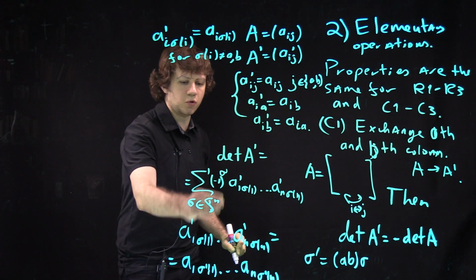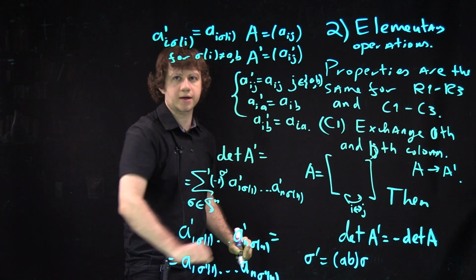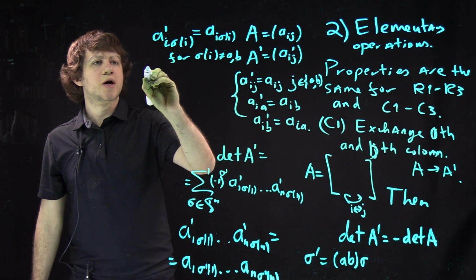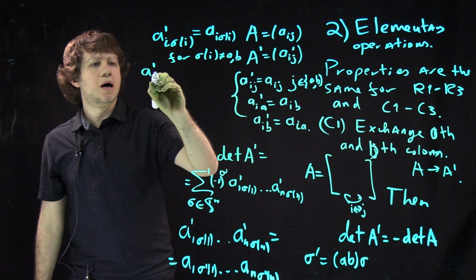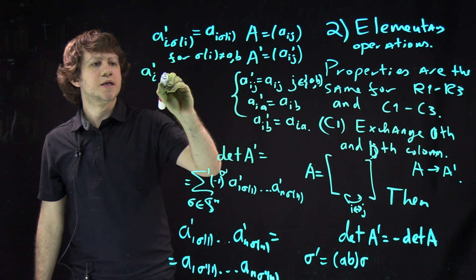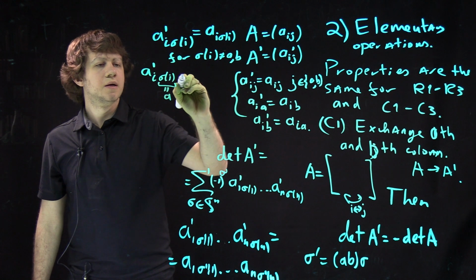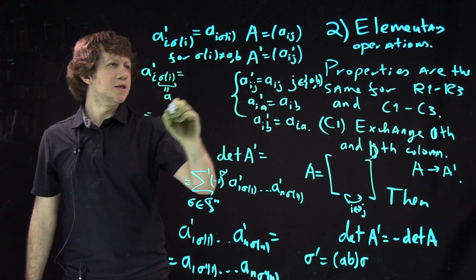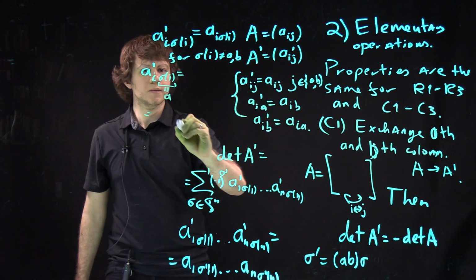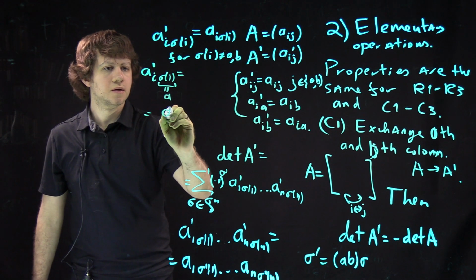So this means that all but two terms just agree exactly. And then if you take A prime I sigma of I where this equals a, then we know that it equals A I b.